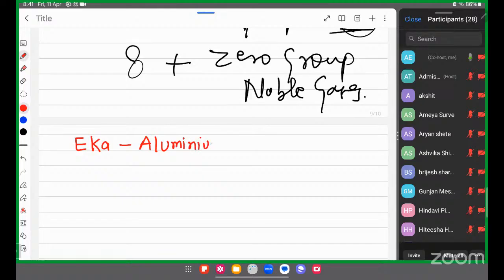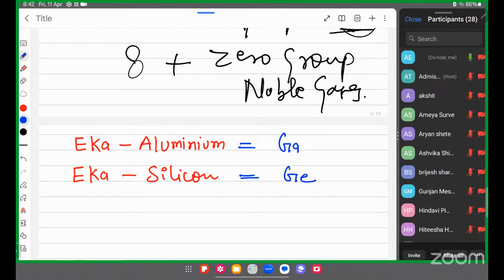Now the question will be, which element is Eka-aluminium? So Eka-aluminium is gallium. Which element is Eka-silicon? Yes, Eka-silicon is germanium. Understood?